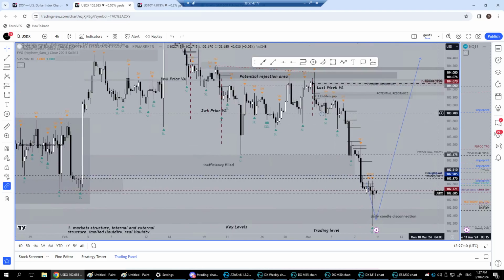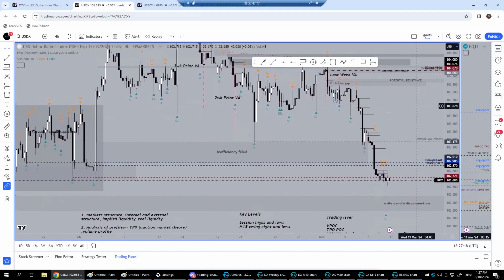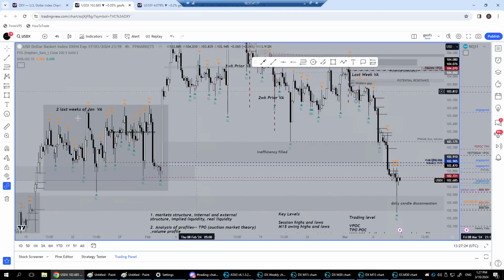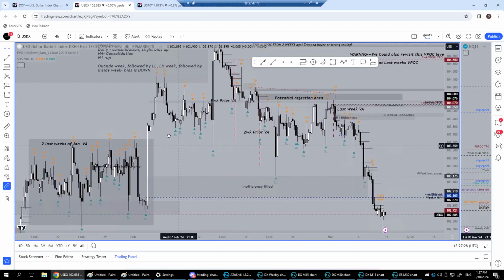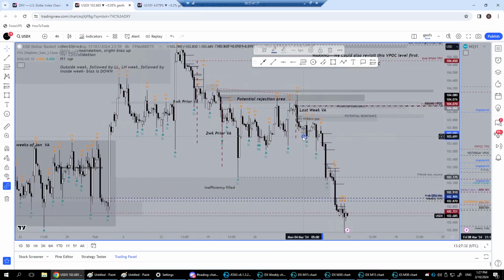The Dixie future itself is a tiny pool of liquidity, but it's still relevant. The actual index itself is a composite of forex pairs, but it gives you a general gauge and barometer of what's happening with the dollar. So I keep a really close eye on it, and I always start my analysis here.